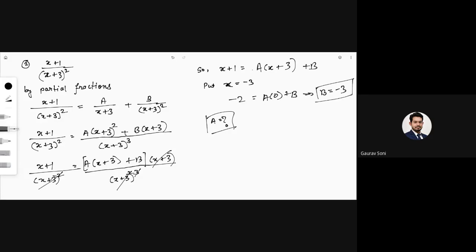Even if I am telling you some process and you don't like it, you feel that yes, it is very much difficult and I can't do it, make your own way. Only the steps should be correct. Making your own way doesn't mean that you will change how you divide or multiply. No, your steps should be correct, but you can find your own way to find out the value of a or b, whichever is required.